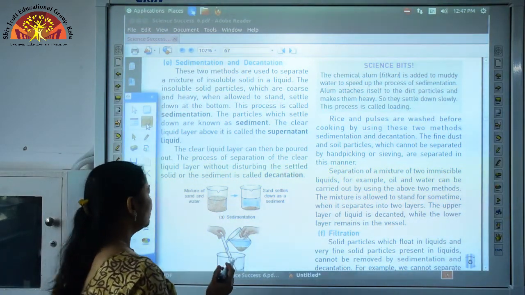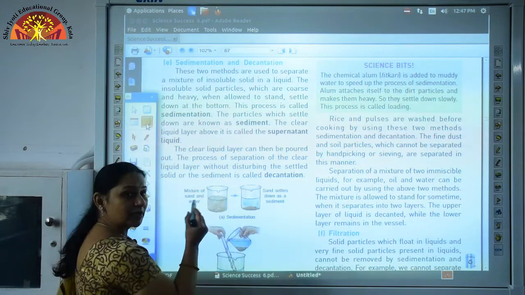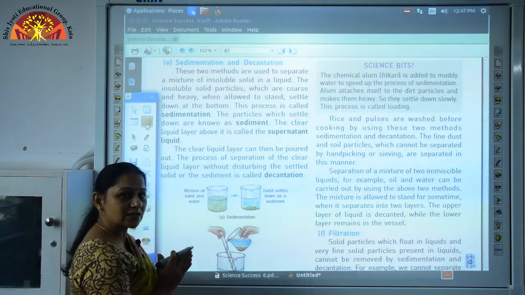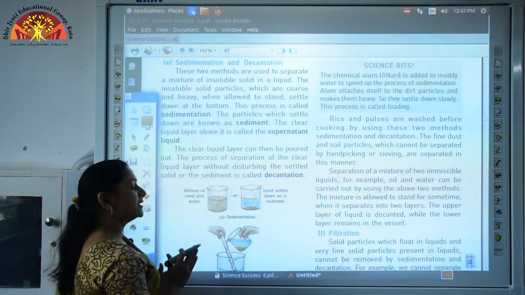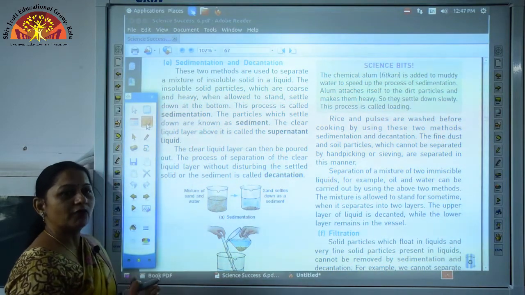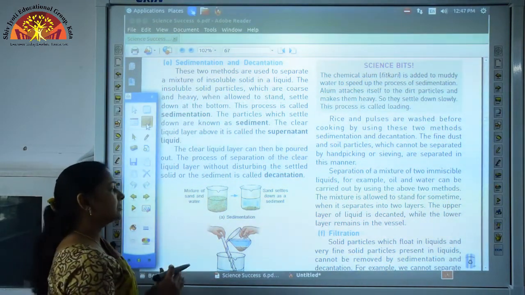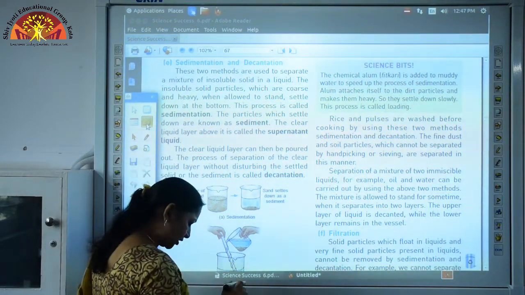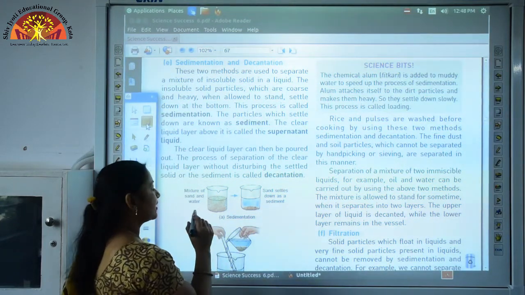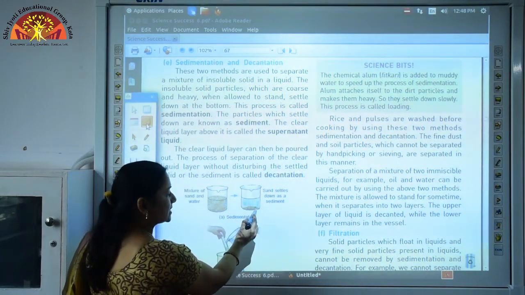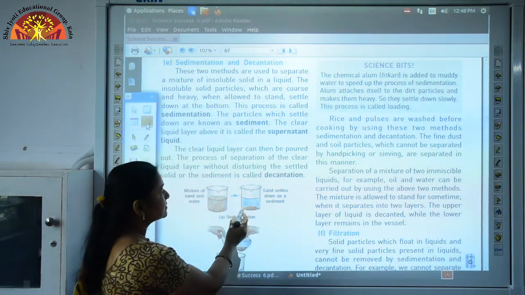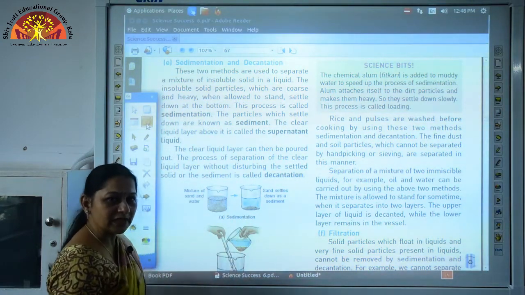In this what do we do? The mixture of insoluble solids and water is allowed to stand for some time, and then the insoluble substances which are heavy settle down as sediments.